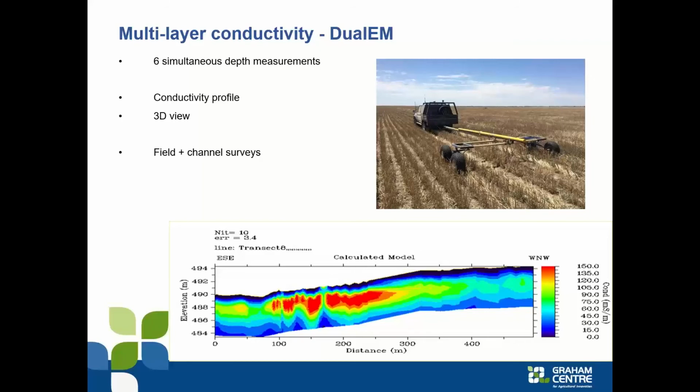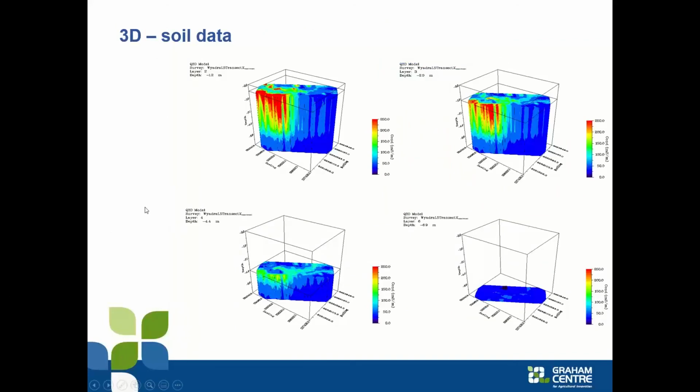That's where we can have sensors which are able to analyze multiple depths simultaneously, which allow us to generate a profile view of the landscape or of the soil, or to even take that to a three-dimensional picture of how conductivity varies both down the profile and across the landscape, which again can be an incredibly useful tool for directing us where in the paddock we go to investigate what's going on.